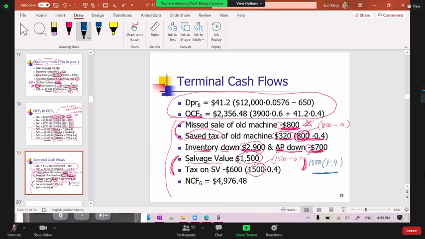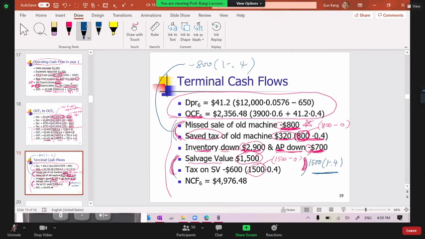And this one is the same thing. These two, you can combine. So that is negative 800 times 1 minus 0.4 tax rate, 1 minus T. Then what? The after-tax missed sale opportunity cost, and this salvage value is the after-tax salvage value.